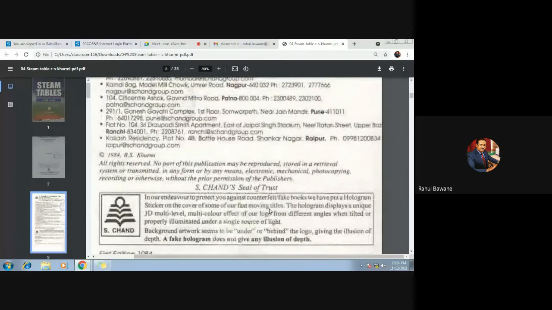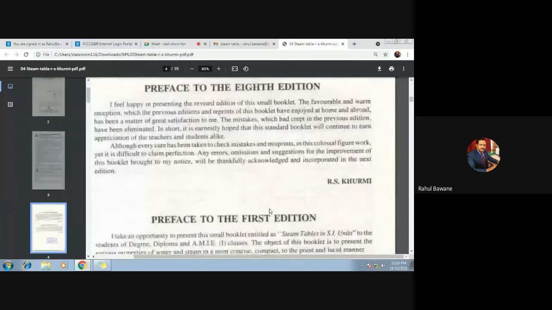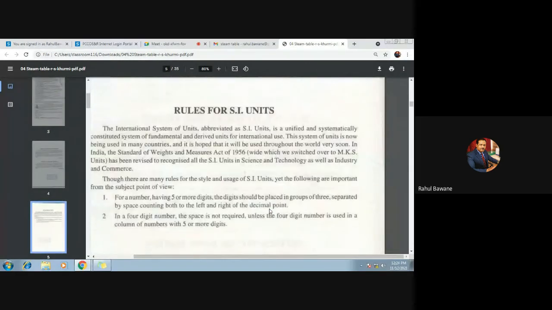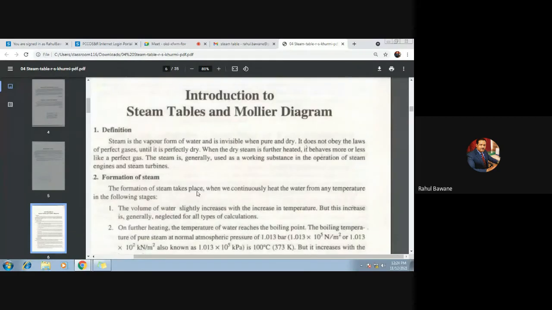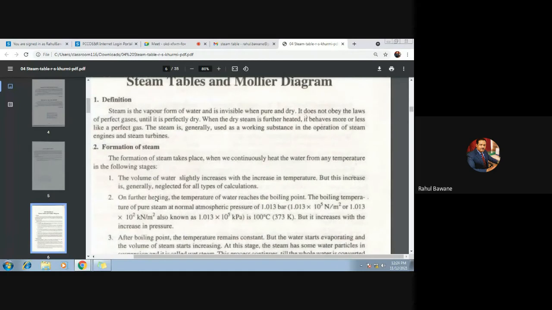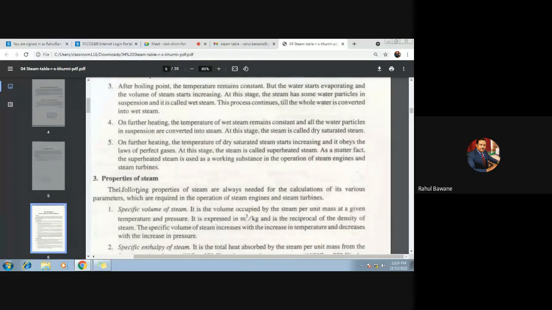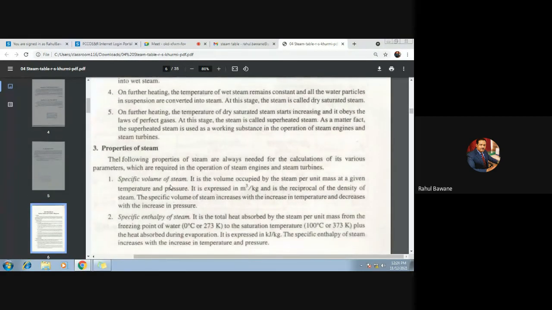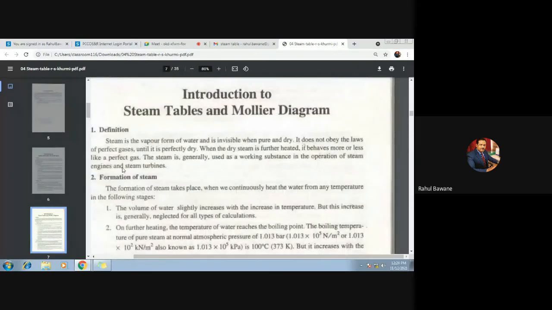In this complete steam table, many things are given, like definitions: what is steam, formation of steam, and the properties of steam, that is specific volume of steam and specific enthalpy of steam.